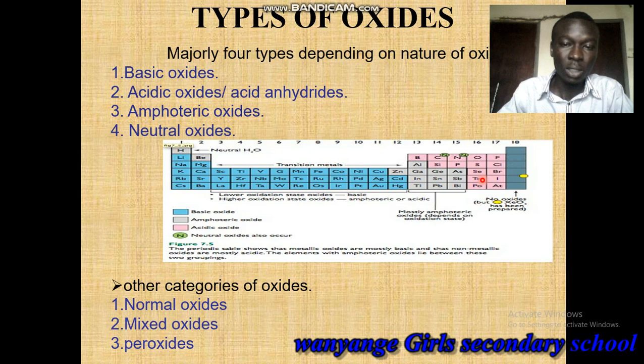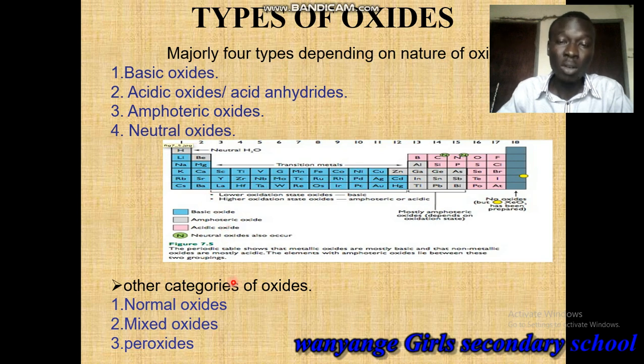Okay? Good. Now, there are other ways of categorizing oxides. We can categorize oxides in 3 groups, which are just other ways of categorizing. One is normal oxides. Normal oxides are all those other oxides we have looked at: basic oxides, acidic oxides, amphoteric oxides, neutral oxides.